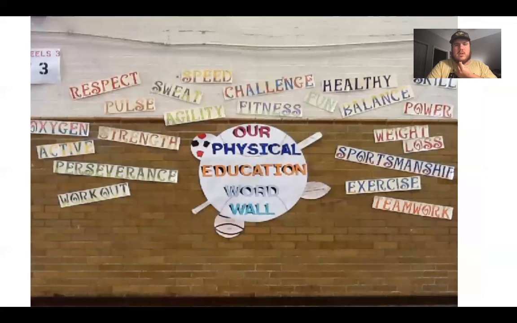Then here it looks like it's actually in a gym. You've got workout, active, respect, sportsmanship, balance, things that we usually want to work on and promote during physical education, fitness.